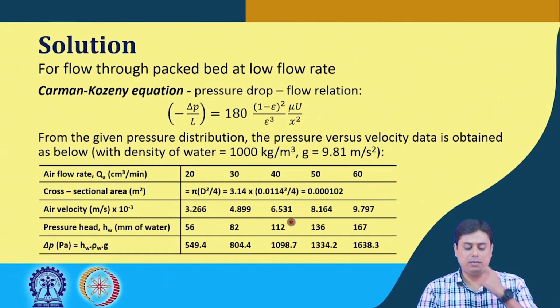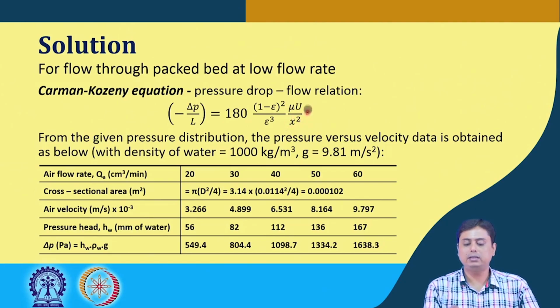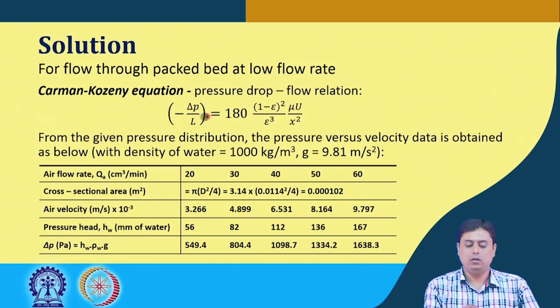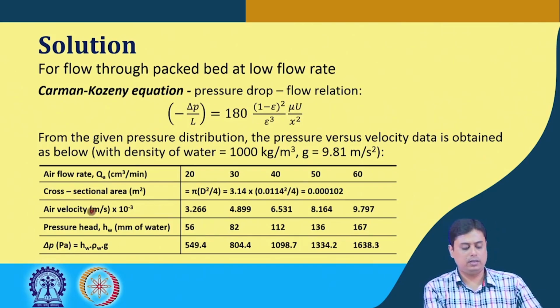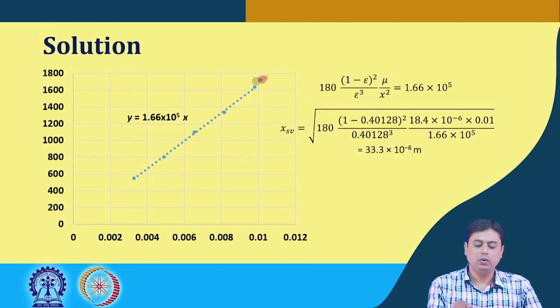So, now we know the epsilon. If we go back to this expression, we know del P, we know epsilon, we know mu, we have to calculate x for a given u. We have plotted del P versus u from this third row and the fifth row. If we plot this, we find that this is the expression y equals mx, where m is the slope.